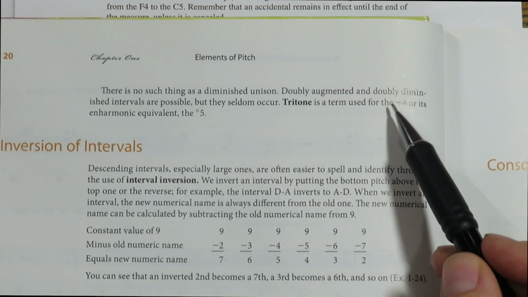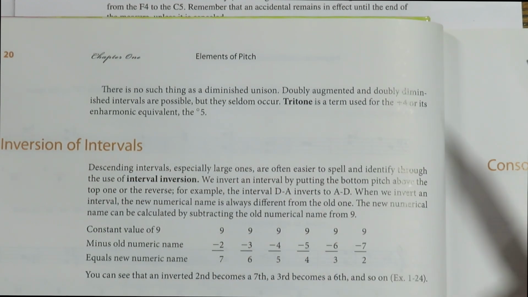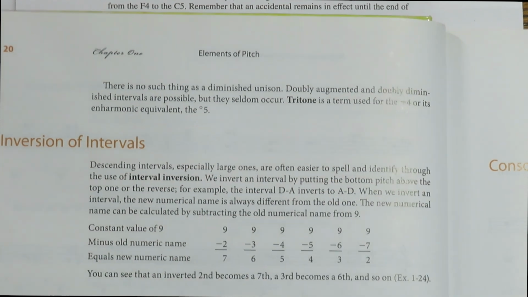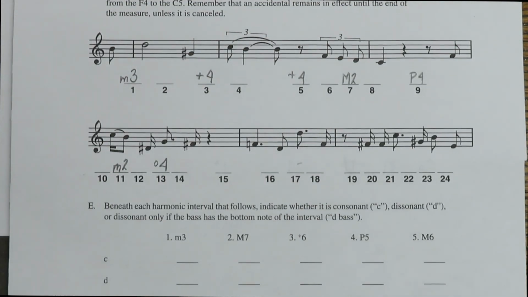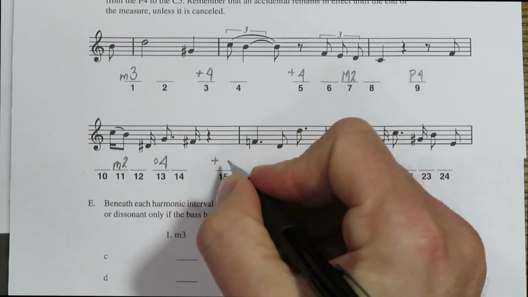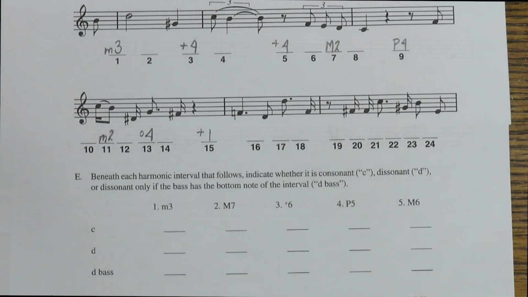Doubly augmented and doubly diminished intervals are possible, but they seldom occur. Okay, so there's no such thing as a diminished unison. So it must be an augmented unison. We put a +1. Okay.